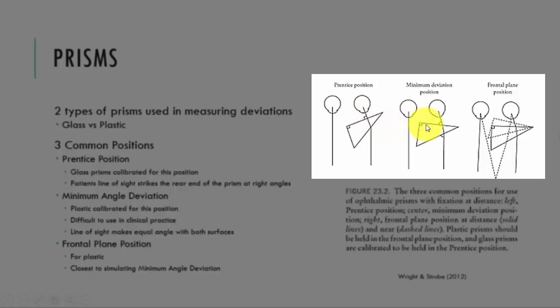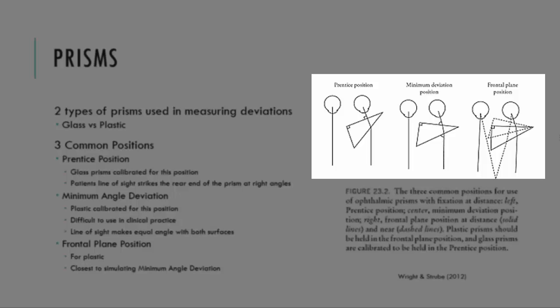Next to this we have the minimum deviation position, and in this instance the prism is held in such a way that we now have the line of sight making an equal angle on both surfaces here and here. Now, the minimum deviation position would be extremely difficult to maintain in clinic.